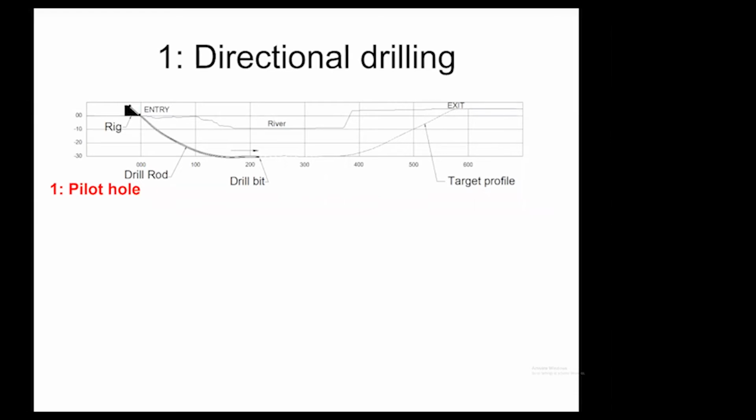So I've got some images, some drawings, that illustrate the process of directional drilling. You've probably seen this underway at various points around Vancouver or wherever you happen to be listening to this presentation.